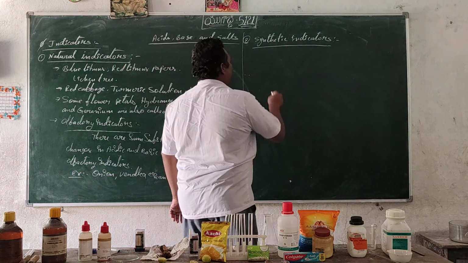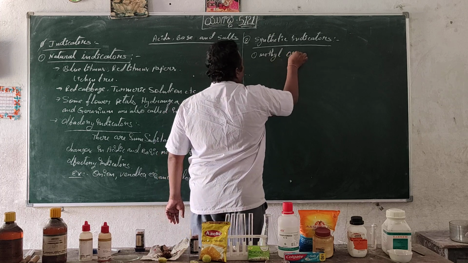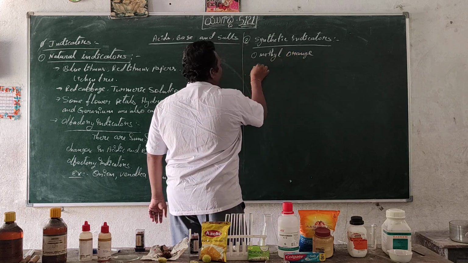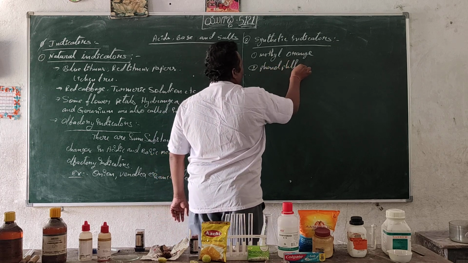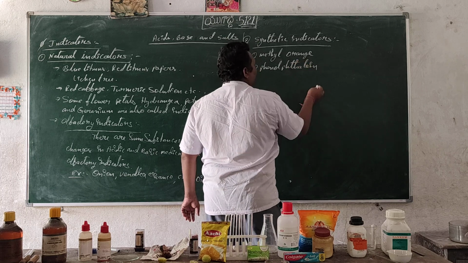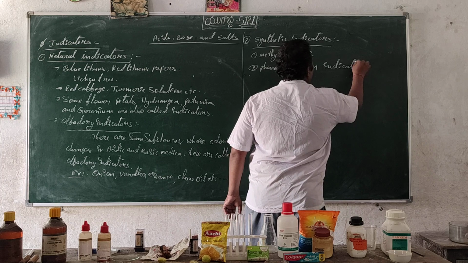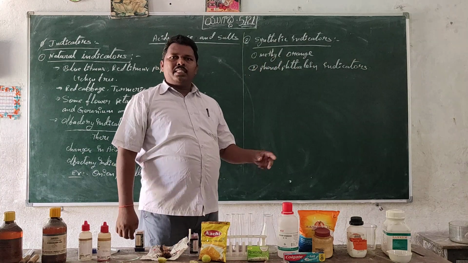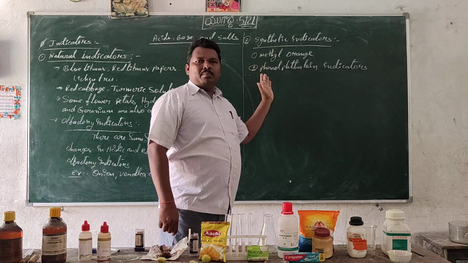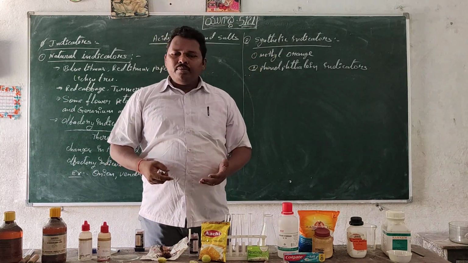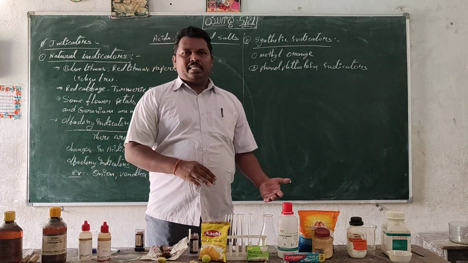Methyl orange and phenolphthalein indicators are used for testing acids and bases.